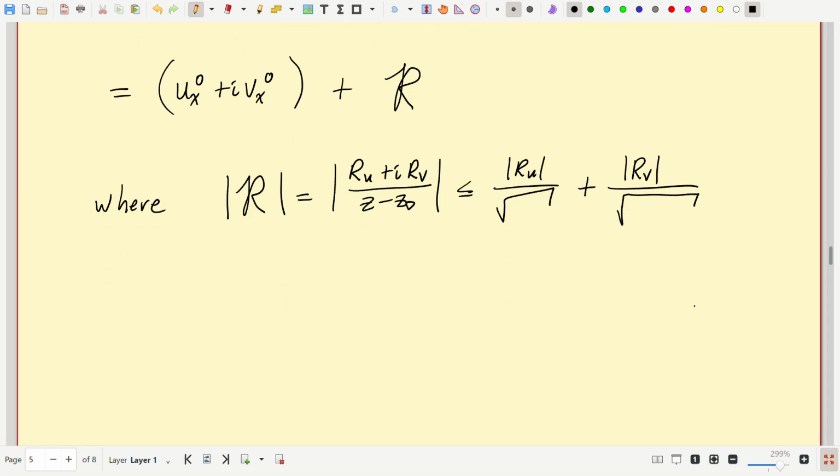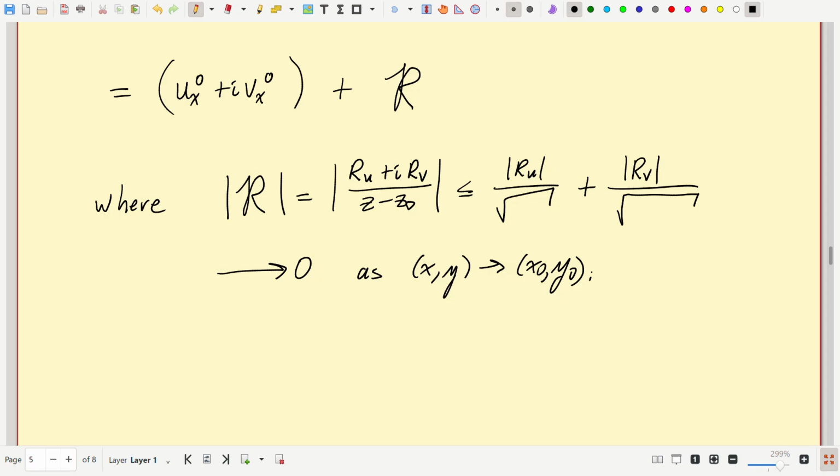And our calculus lemma says that goes to 0 as z tends to z naught. And we're done. So that shows that f prime exists and is equal to red box number 1.